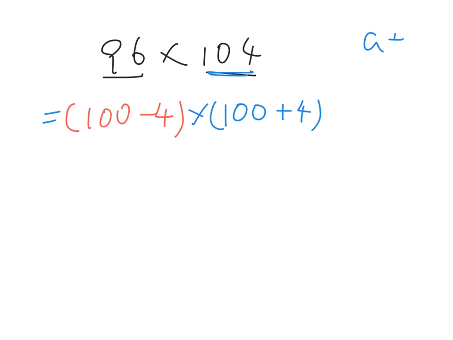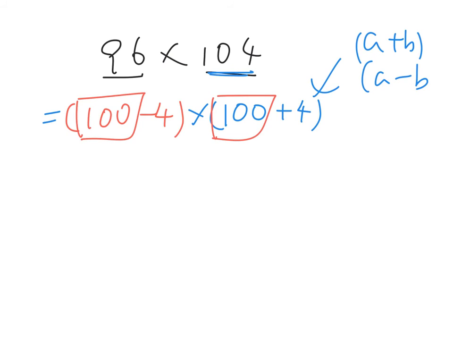And when you compare with a plus b and a minus b, you find it's the same format, only a is replaced by 100 and b is replaced by 4. Okay? And because it's an identity, we can turn the a plus b, a minus b format into a squared minus b squared.